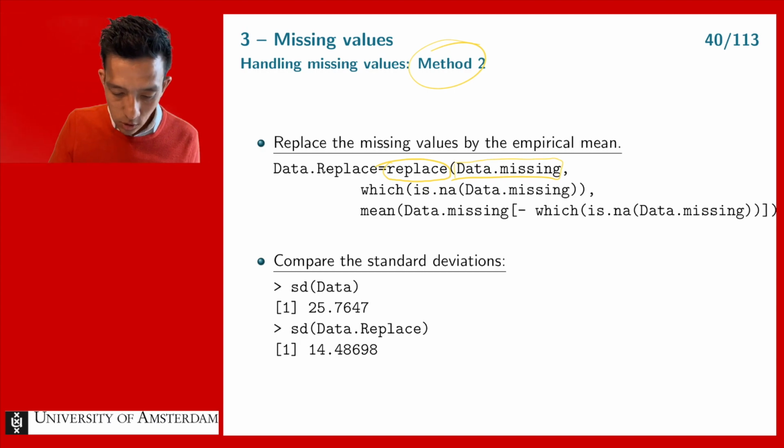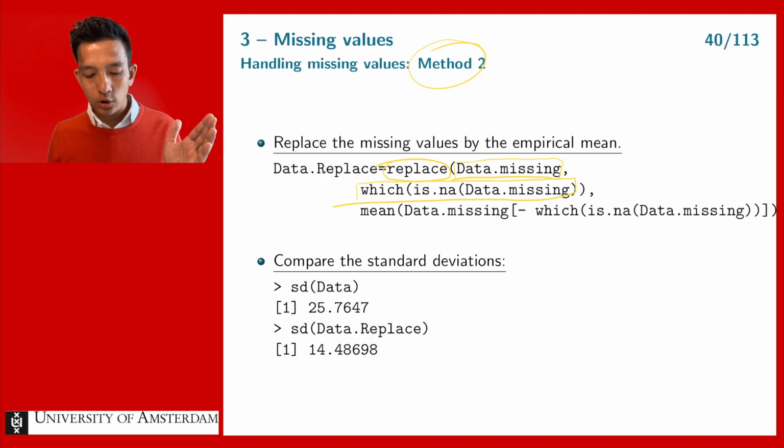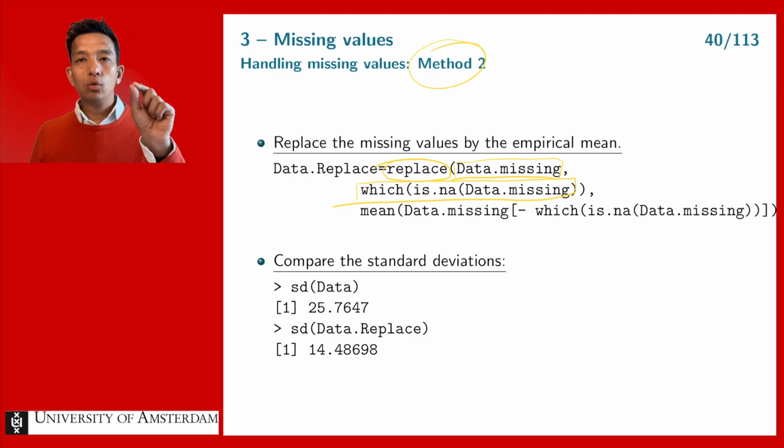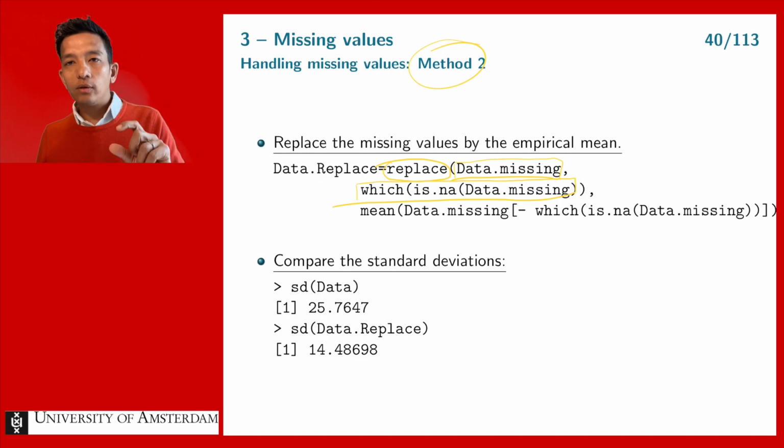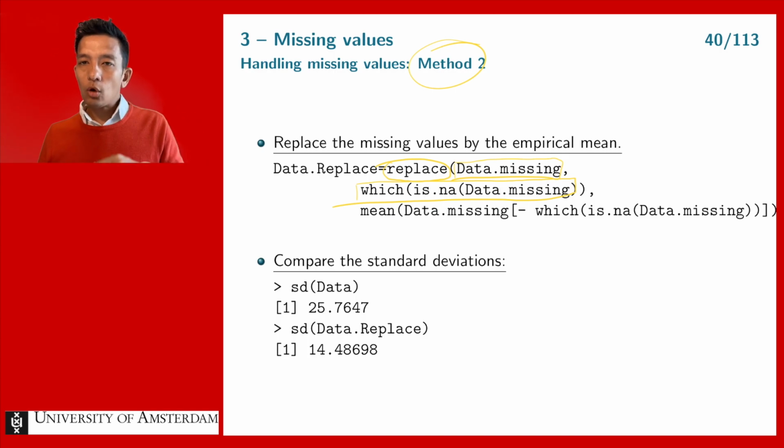I'm going to use the replace function in R, which starts with the vector data.missing. Then it says, well, what are the observations in that data set that you want to replace? Well, I use the which and the is.na to locate the missing values, but these are the values that I want to replace. And if I have located the missing values, I have to tell R with what value do you want to replace these observations.